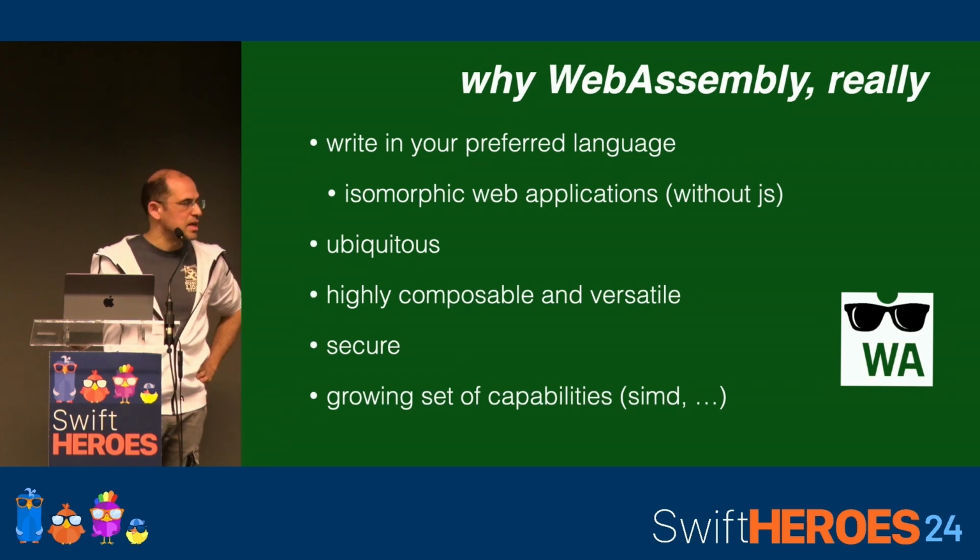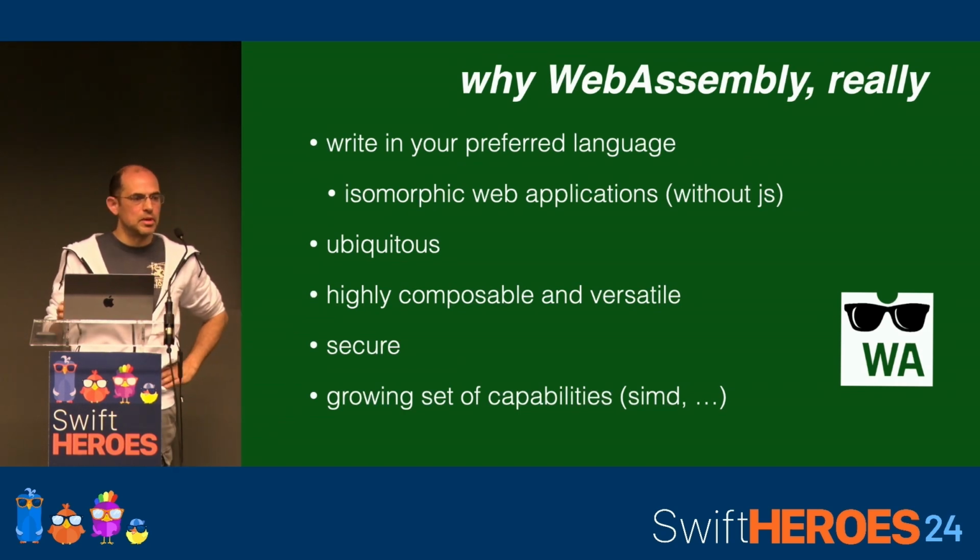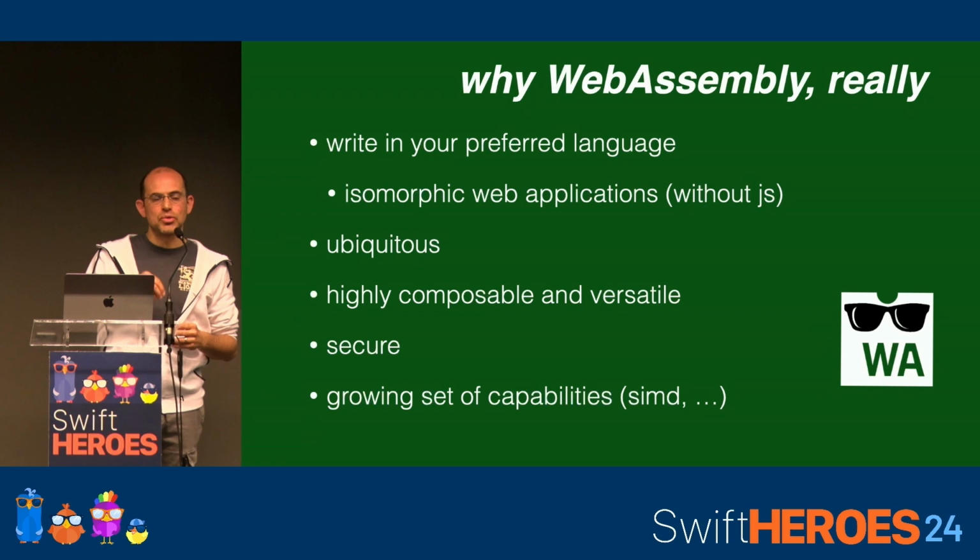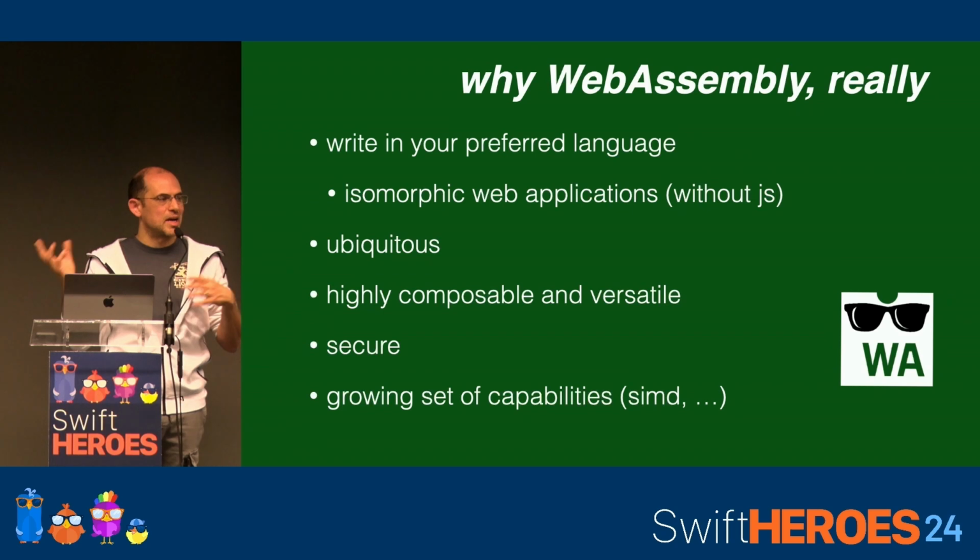It's secure. As I said, WebAssembly is born with security in mind. So it's completely sandboxed. You cannot access anything if you don't express that you want to do it.